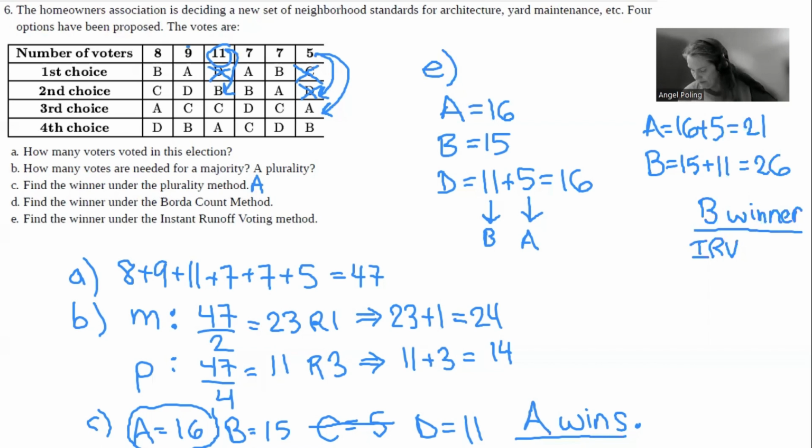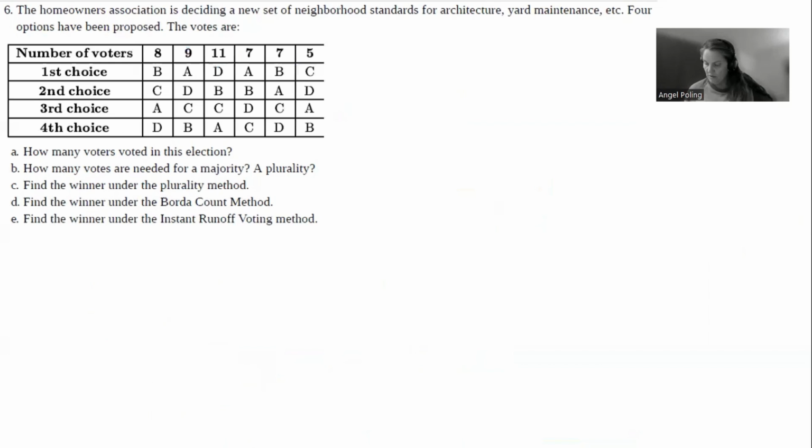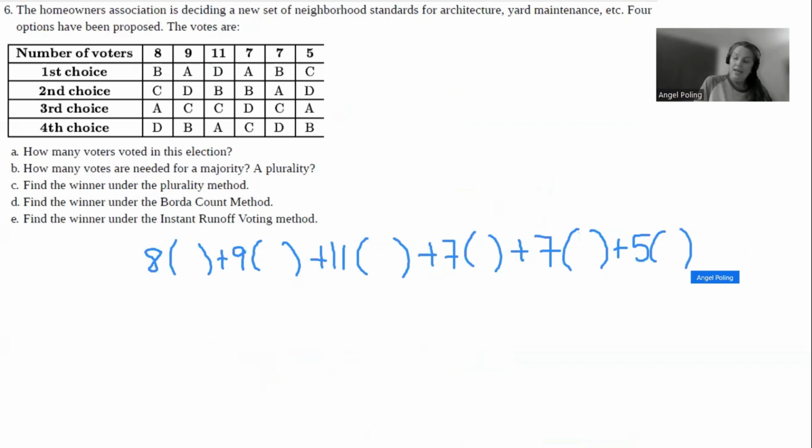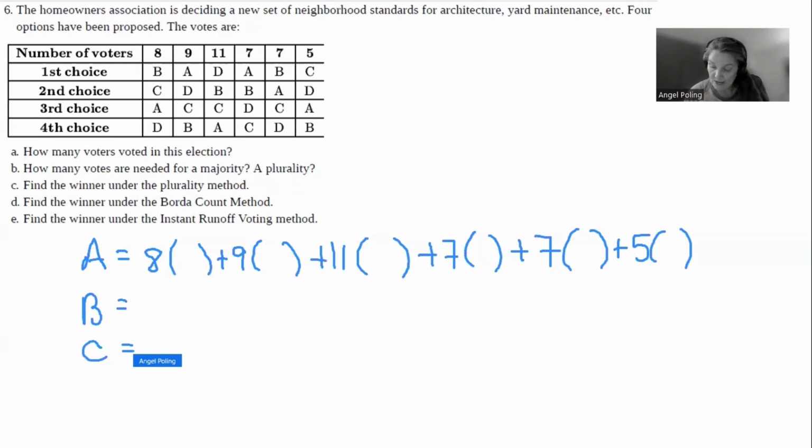For the Borda method, what we have is a column with 8, a column with 9, a column with 11, a column with 7, a column with 7, and a column with 5. And for each of our letters, we have a weight in that column.